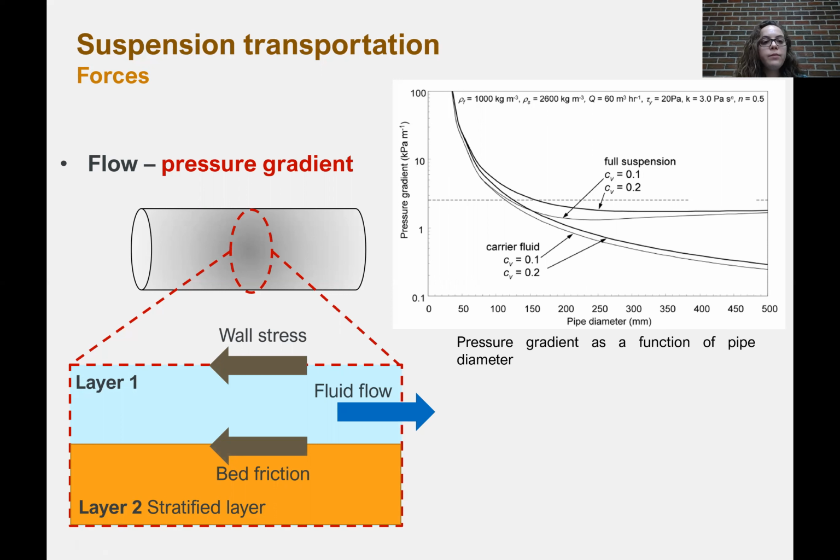As shown, the forces required to move the fluid considering the stratified bed are only important for 70-millimeter diameter pipes or above, which means that below 70 millimeters, there is almost no significant difference in terms of force magnitude to move either the carrier fluid without solid particles or the suspension.